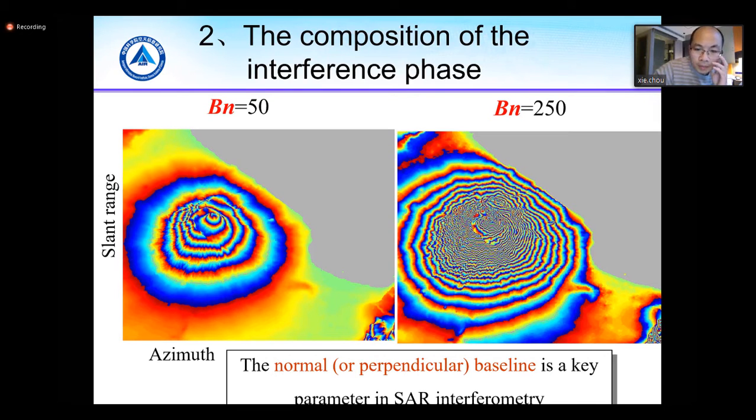So the perpendicular baseline is a key parameter in interferometry.